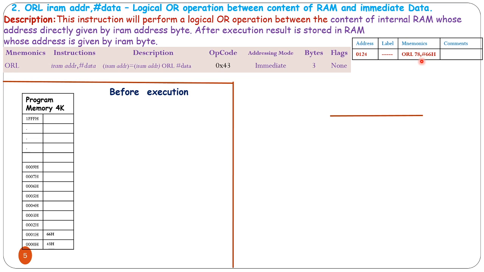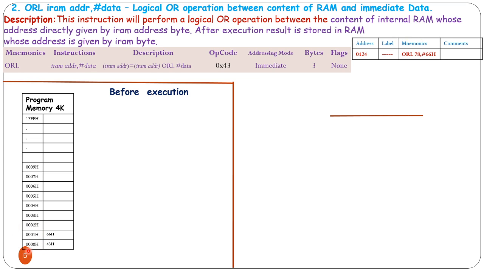Before execution, this instruction is stored in program memory at address 000H, with the operation code 43H stored here, and the immediate data 66H needs one memory location, so it is a 2-byte instruction.